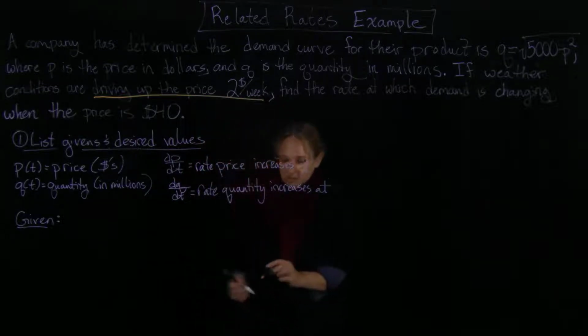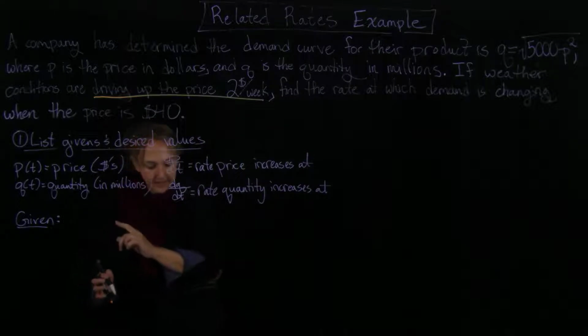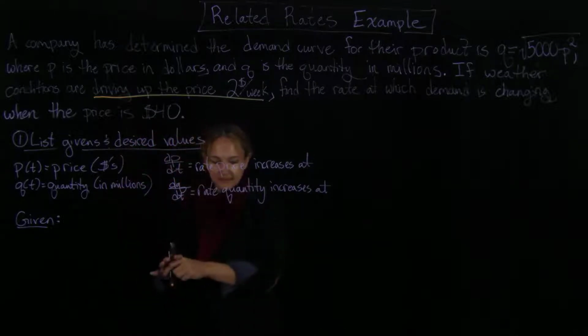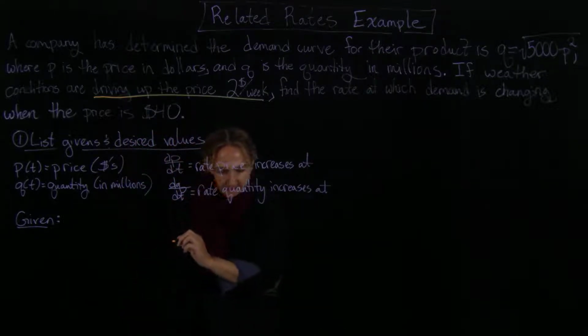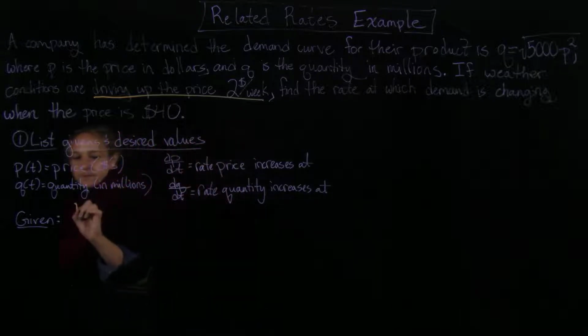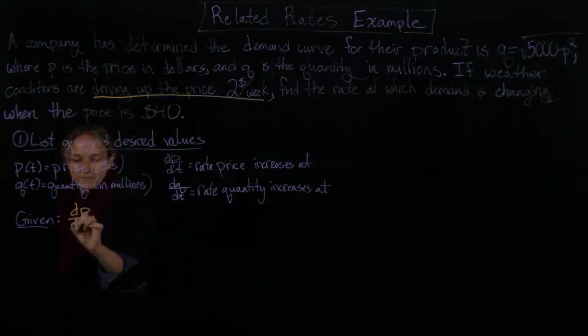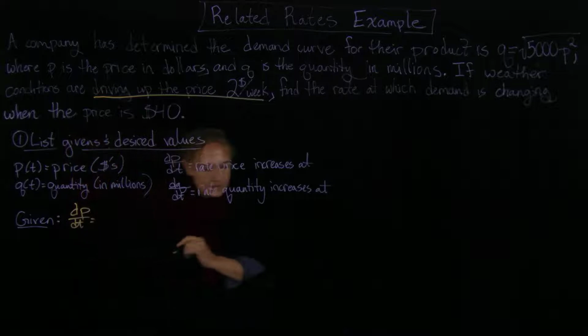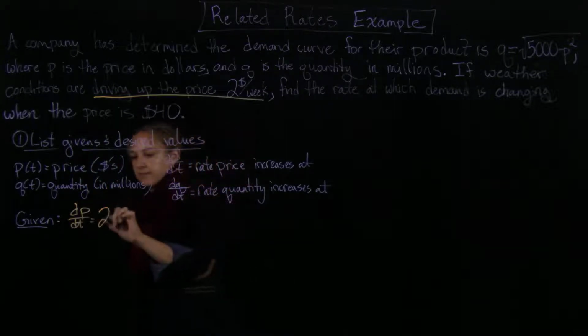We're given that, so from that we're going to have that dP/dt equals $2 per week.